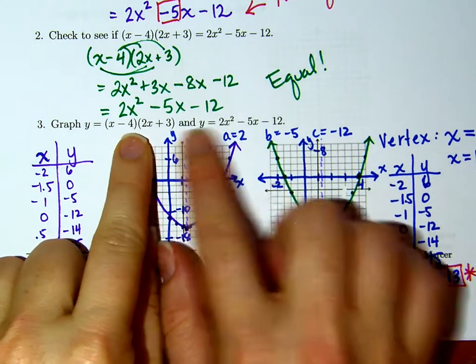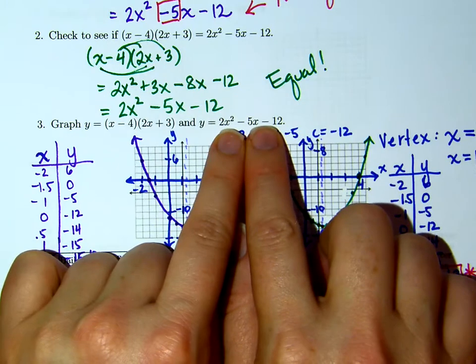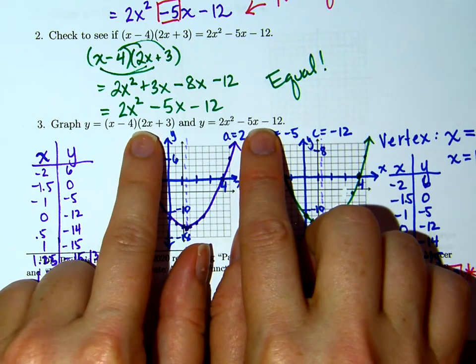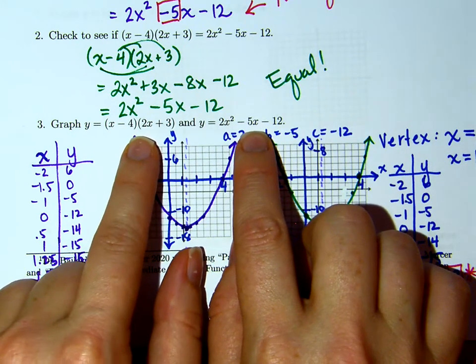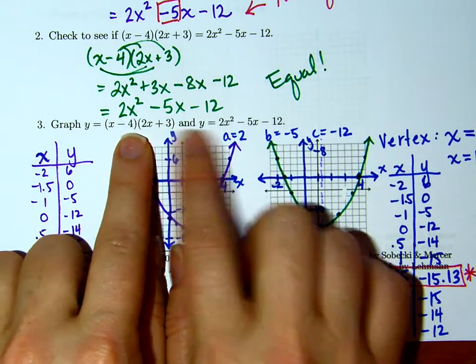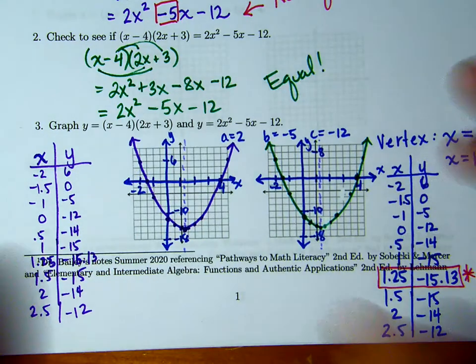So even though they don't look the same, this is in factored form, and this one is in general form, they still have the same performance. So you can take two ways to get to Chicago, but you're still going to Chicago. So the way you get there might look different, but the fact that you got there is the same.